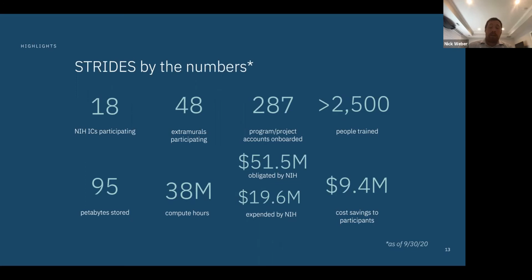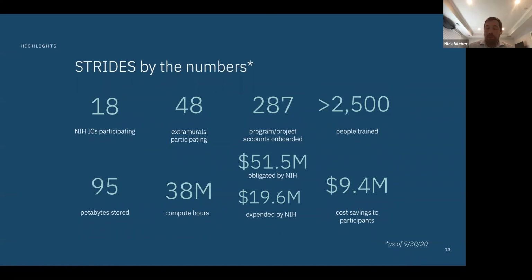A few hundred projects that you see here have been onboarded, many people trained, lots of data. When I say 95 petabytes, a petabyte of data is the equivalent of 20,000 four-drawer filing cabinets full of text. There's lots of research data moved to the cloud as part of STRIDES, benefiting from cost discounts and support that are part of the program.